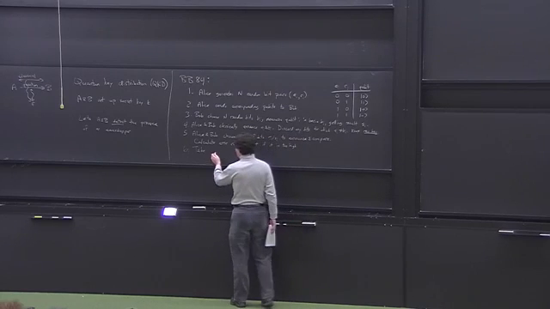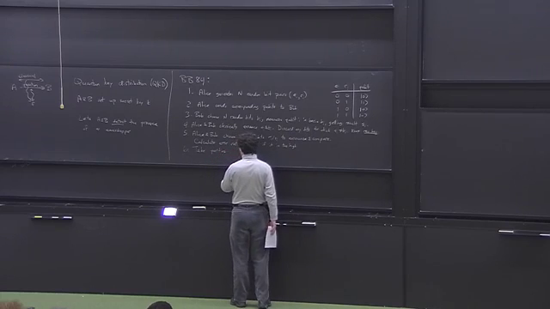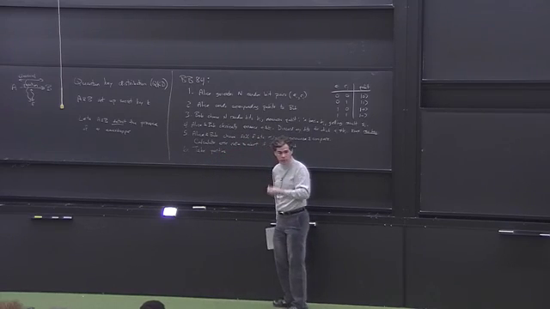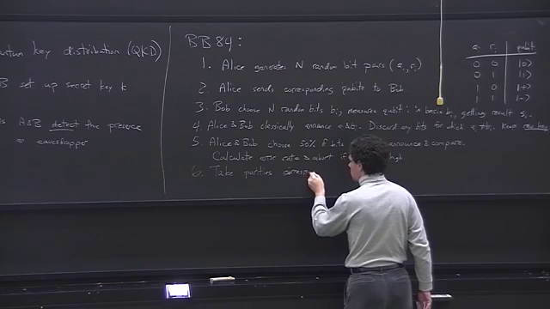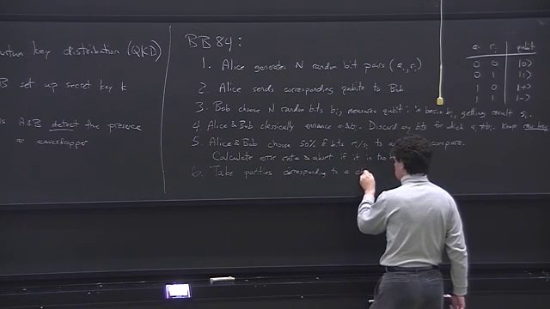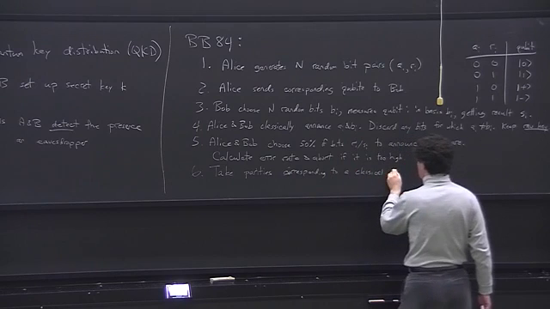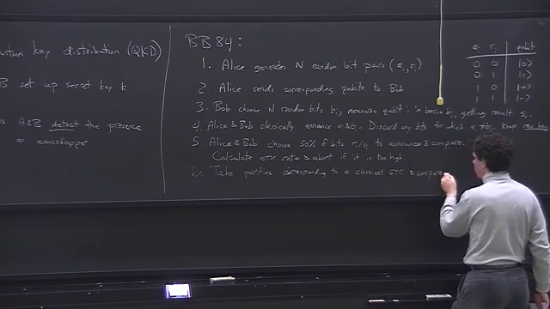So Alice and Bob will take the parities of those same subsets corresponding to some classical code, and they announce those parities and compare them.